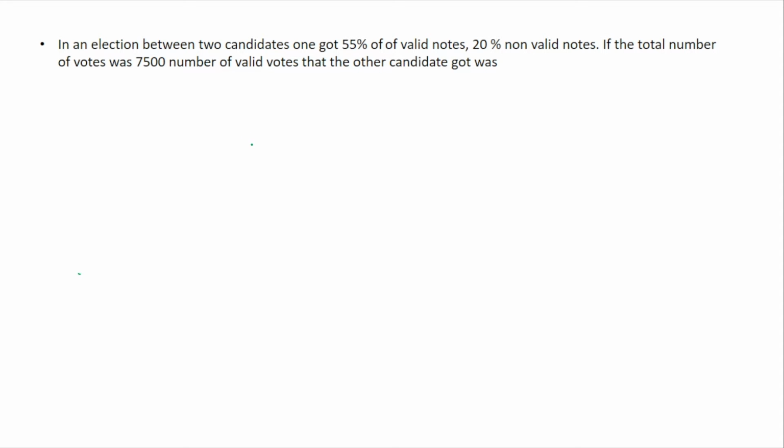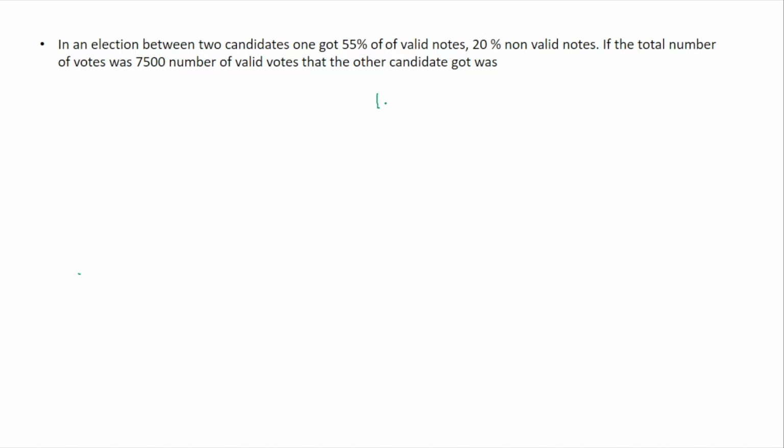Means there is an election, and two contestants are contesting in it. One is getting 55% of the valid votes and 20% votes are invalid. Find the votes received by the other candidate, the losing candidate.